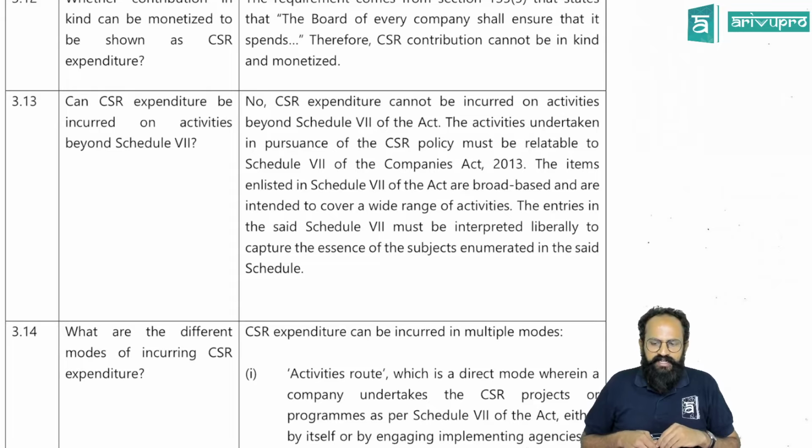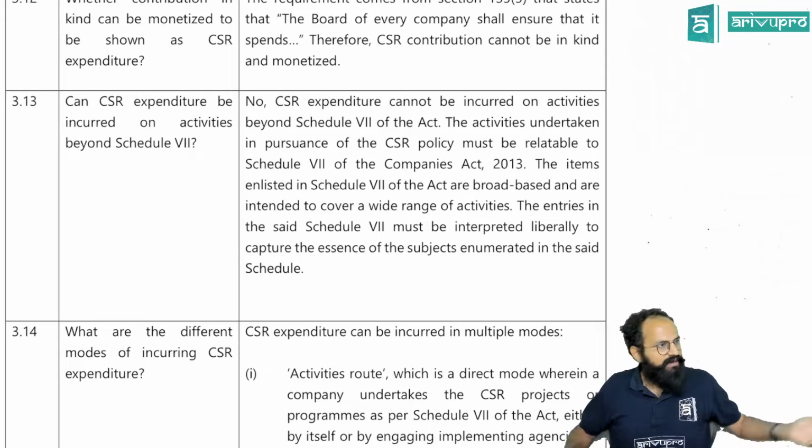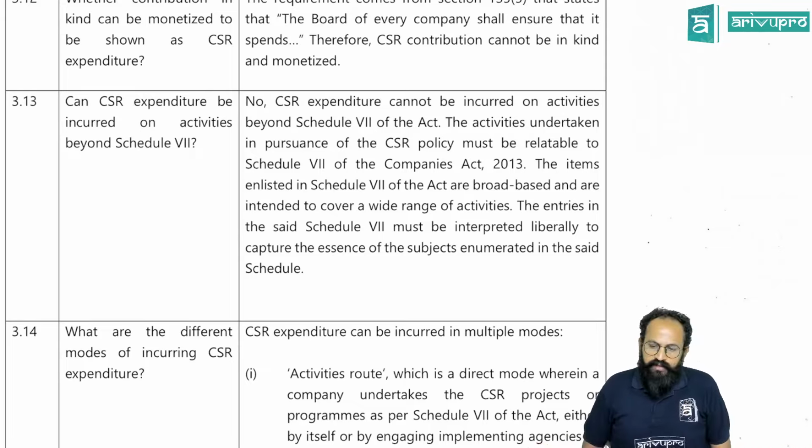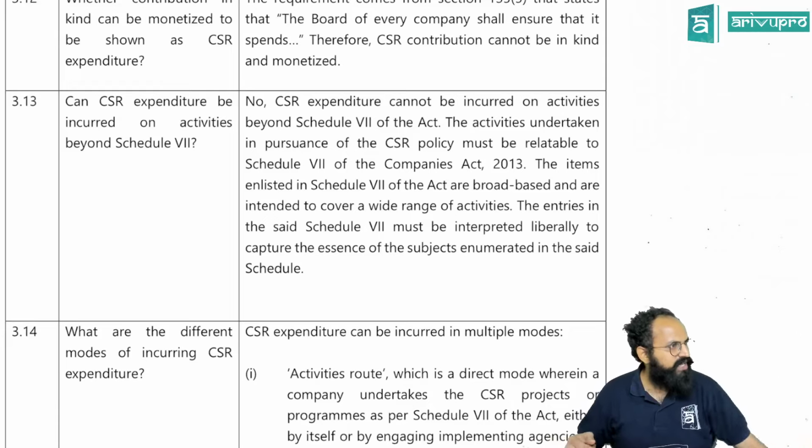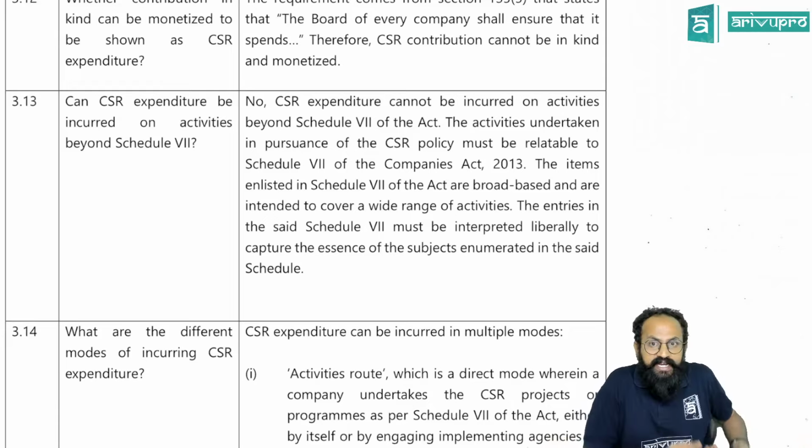The items enlisted in Schedule 7 of the Act are broad-based and are intended to cover a wide range of activities. The entries in the said Schedule 7 must be interpreted liberally to capture the essence of the subjects enumerated in the said schedule. What are they saying, people? We have given almost everything. Everything we have covered. You can take it liberally.